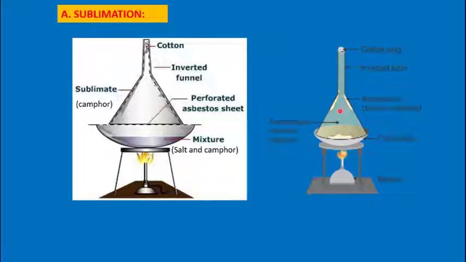Continue heating slowly till the vapors stop forming, and then allow the apparatus to cool down. On cooling, the particles of ammonium chloride will settle on the side of the funnel, and the sodium chloride, which is non-sublimable, will be left behind in the china dish. So this is how you can separate a mixture of sublimable and non-sublimable substances.